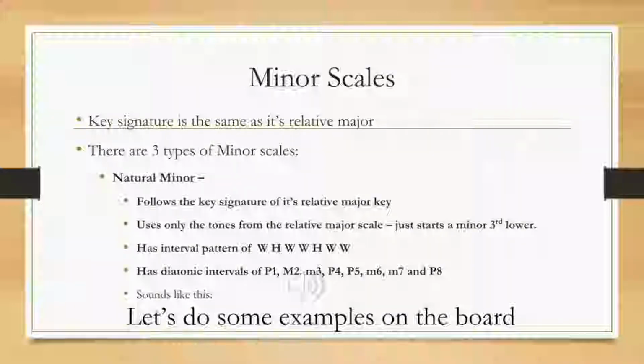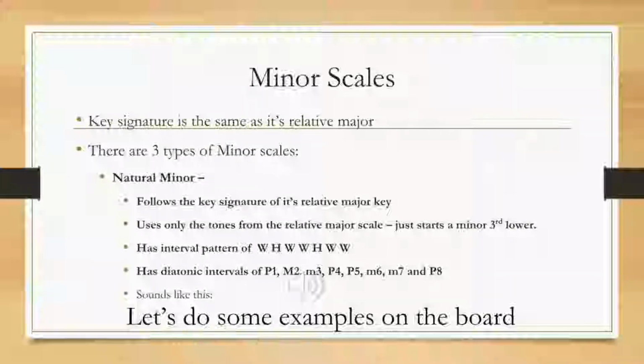Now, diatonic intervals. You guys had this on a quiz for the major scales. For the major scales, remember, if you did unison, stayed just on the tonic, that's a perfect first.